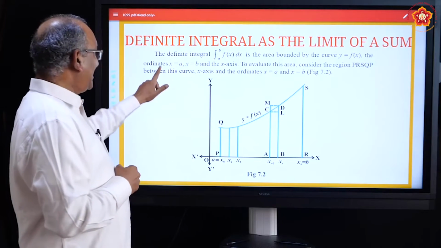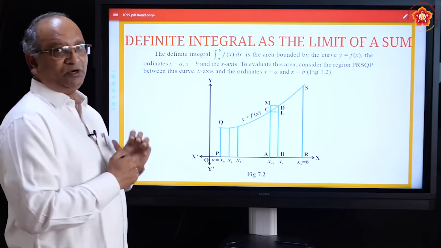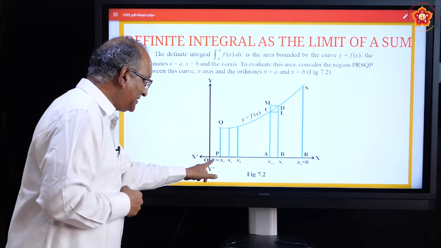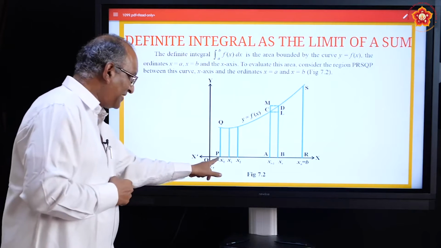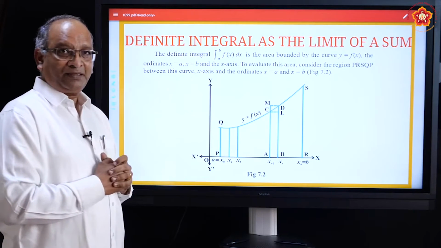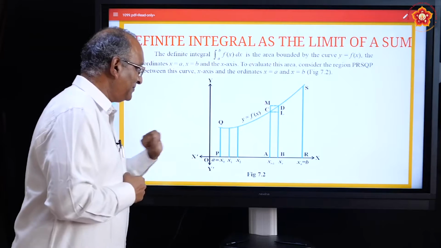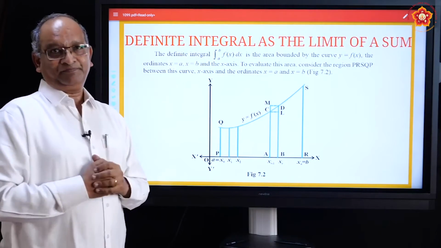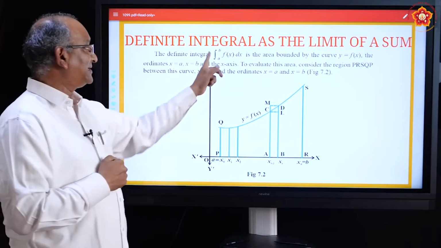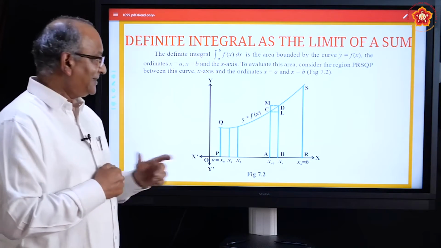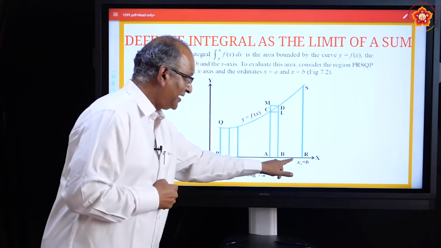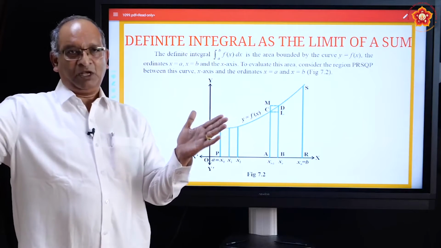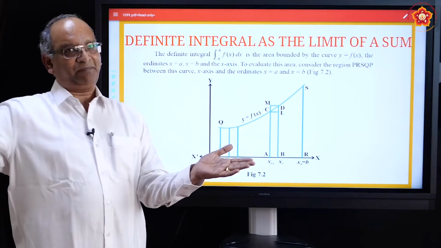Here we are saying x equal to a and x equal to b. See, this PQ is at x equal to a. Here the x value is a, and this PQ is f(a), because there x takes the value a. And then the other limit is where x equal to b. It is something like between 2 and 5. So 2 is the lower limit, 5 is the upper limit.